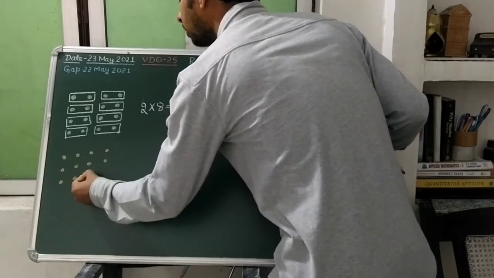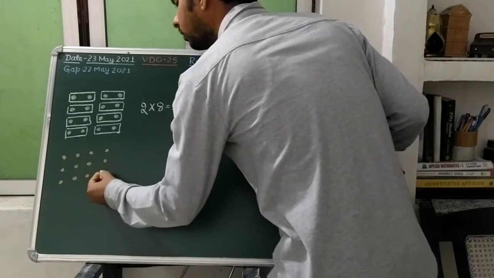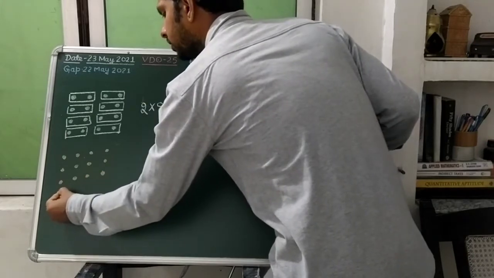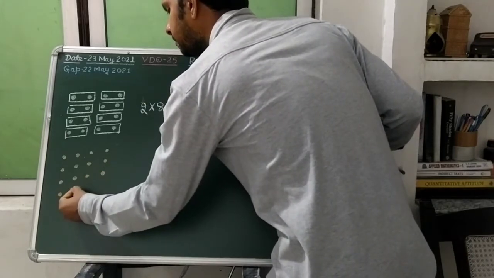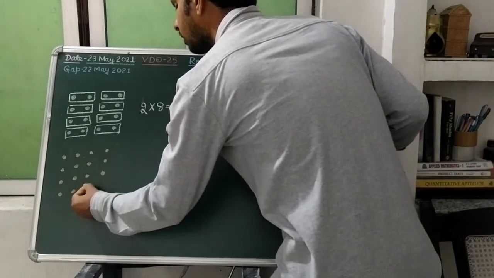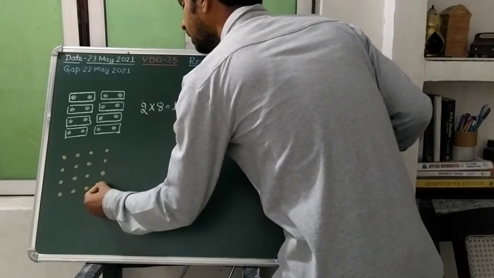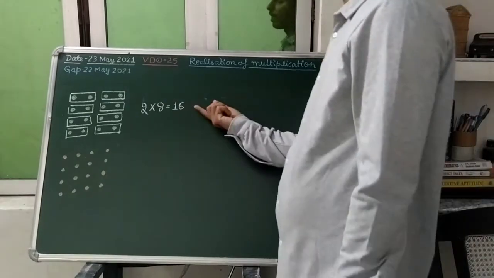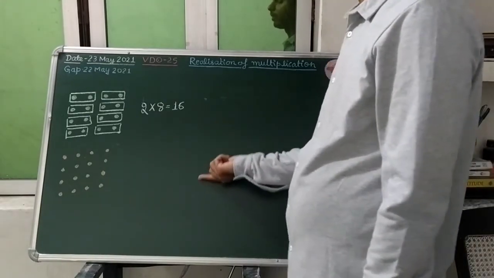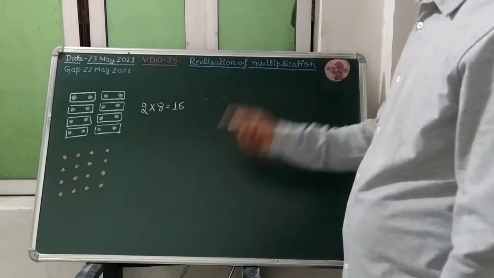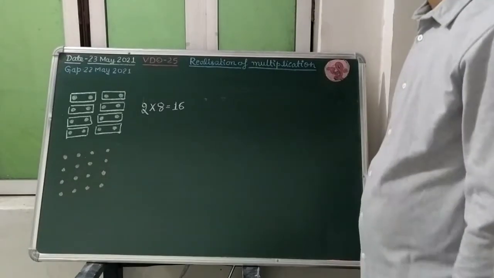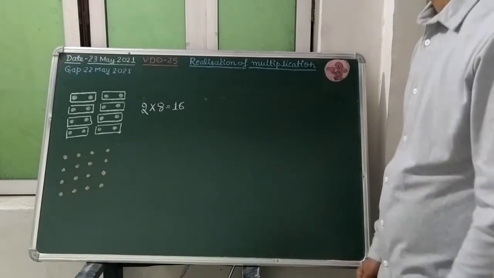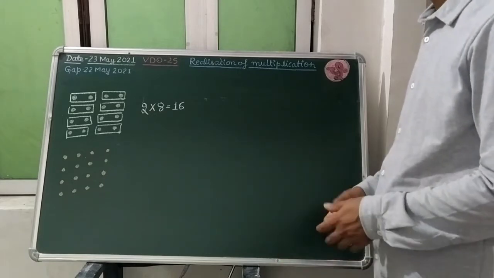Once again, try to observe it in the terms of multiplication. Look at it and carefully watch it. One time we have observed. Now one more time we want to observe. Look at it. Now what are you observing in it?